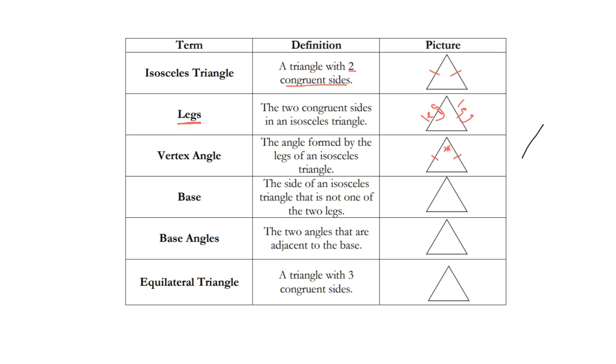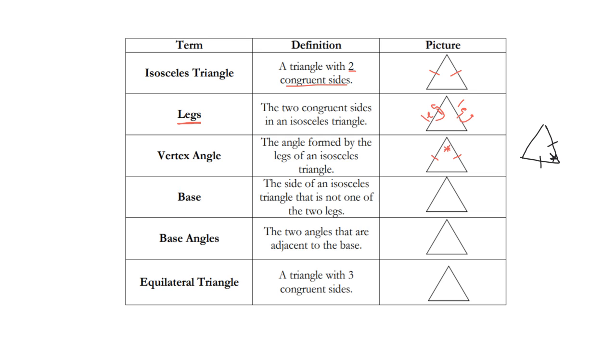So let me show you something here. If I have that same triangle, or close anyways, and I said this side was congruent to this side, now those are my legs. So where is the vertex angle? Well, the vertex angle would be here, because it's the angle created by the 2 legs or congruent sides of the isosceles triangle. All right, so now base.